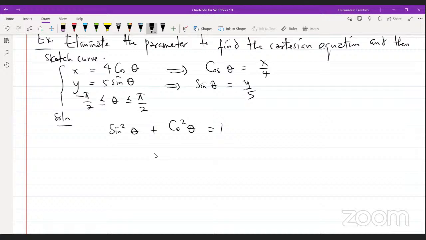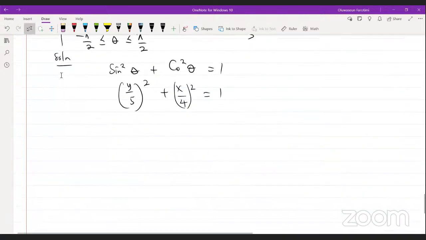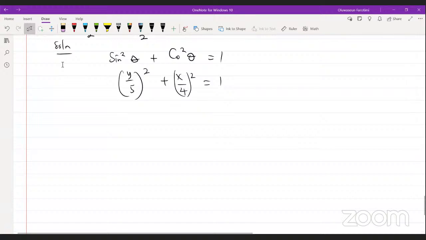So what does this mean for us, guys? This is going to be y over 5 all squared plus x over 4 all squared equals 1. Now, do you guys remember what equation this is? Do you guys remember the name? Think about it for 1 second, guys.